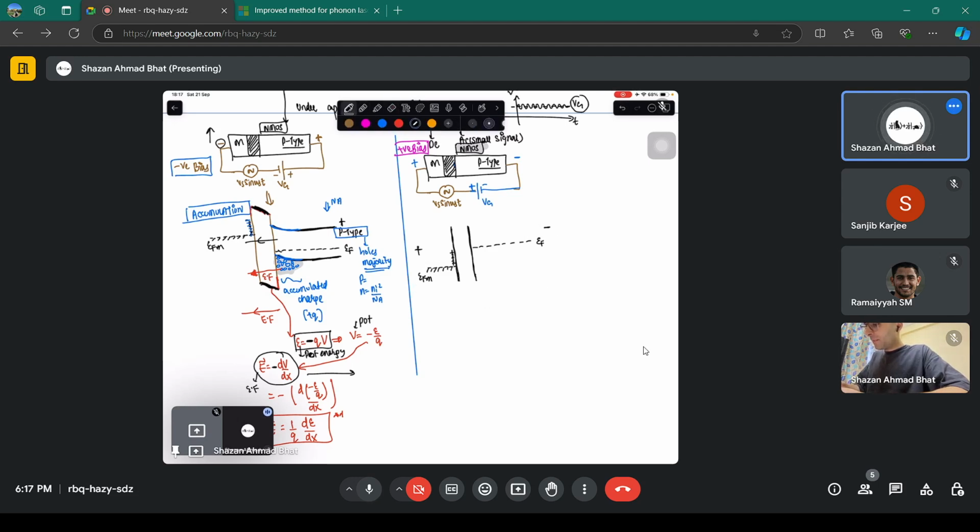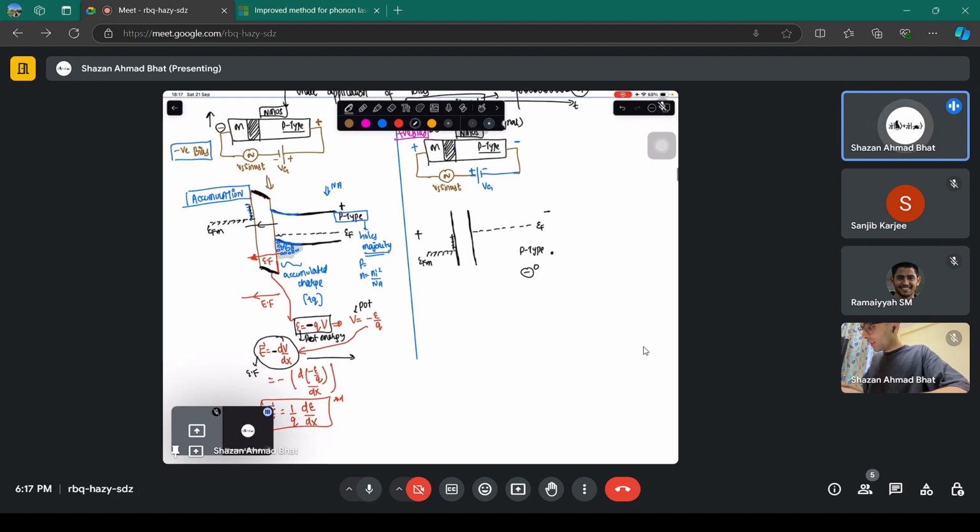Because this is p-type here, p-type means it has negative ions and excess holes. So those electrons are going to fill those holes, and what will remain is only this negative charge, which is ionized dopant, or immobile charge.